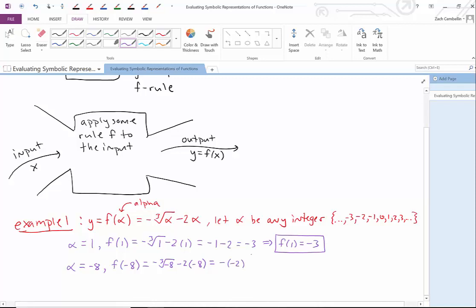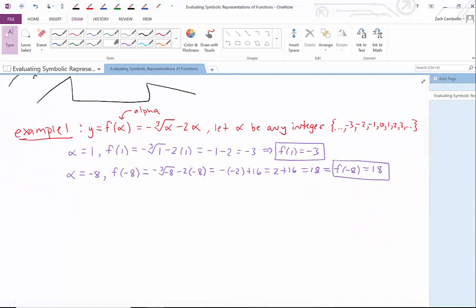And then negative 2 times a minus 8 is a positive 16. This is positive 2 plus 16, which is 18. We get that f of negative 8 is 18. So a couple of evaluating examples for this specific function. All right, we're going to make up one more before we finish the video.